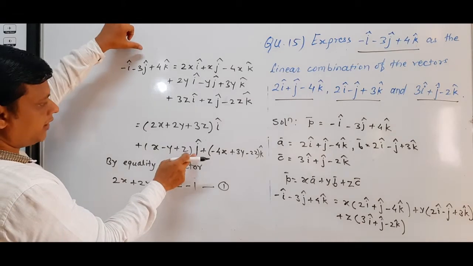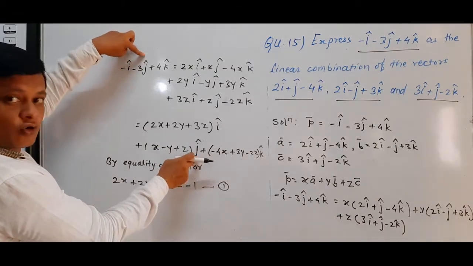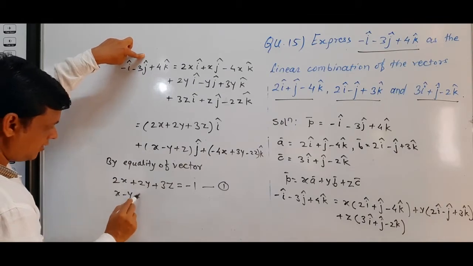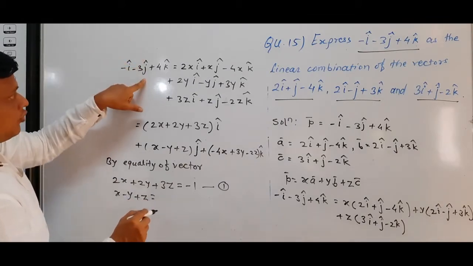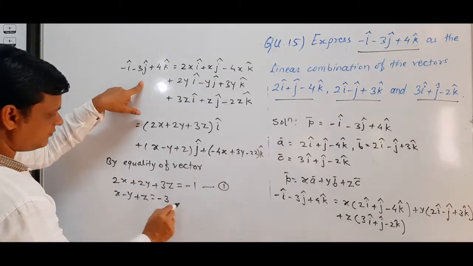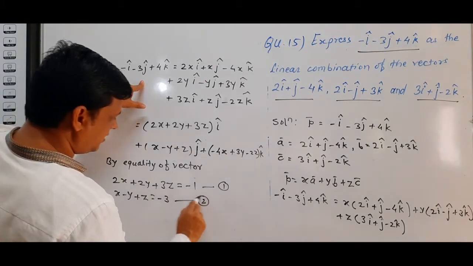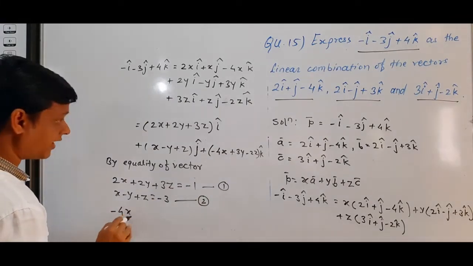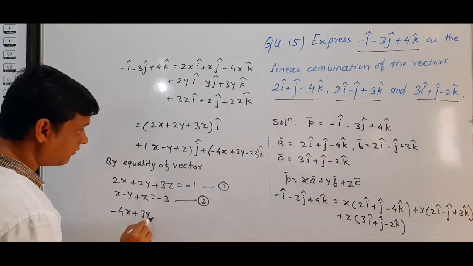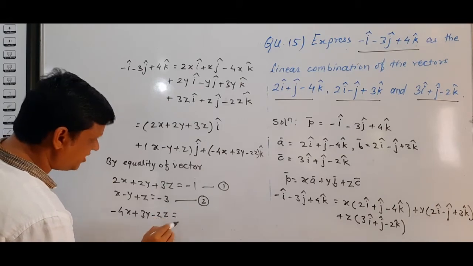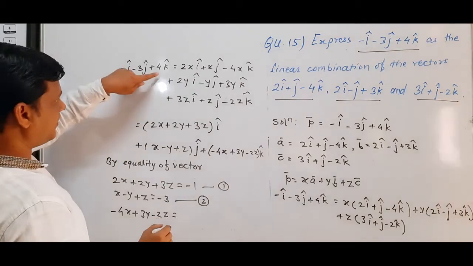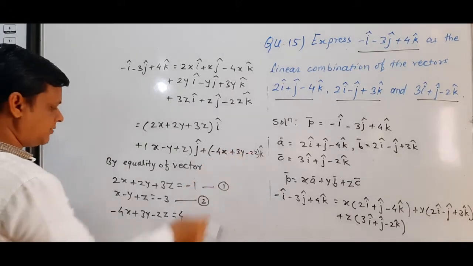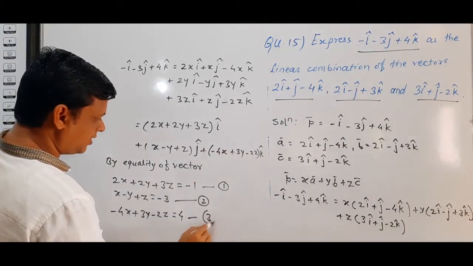Now equate the coefficient of j with the coefficient of j. So x - y + z = -3. Denote this as equation number 2. Now third, -4x + 3y - 2z = 4, where the coefficient of k is 4. This is equation number 3.